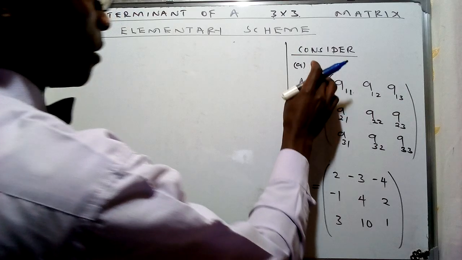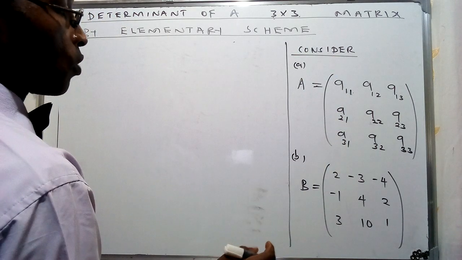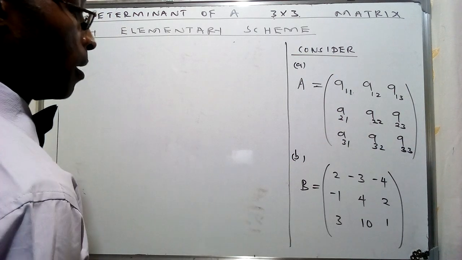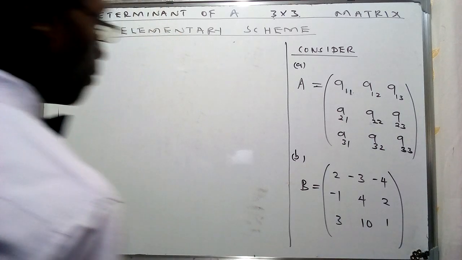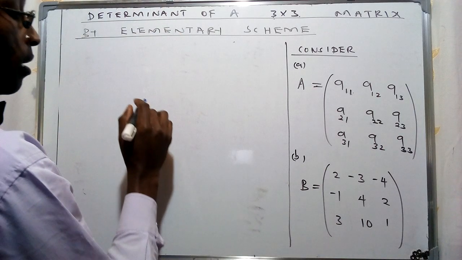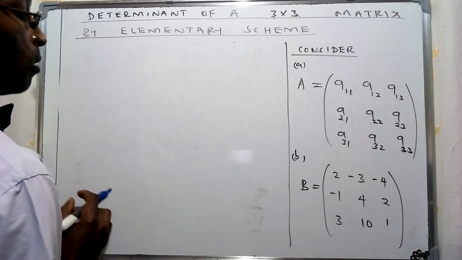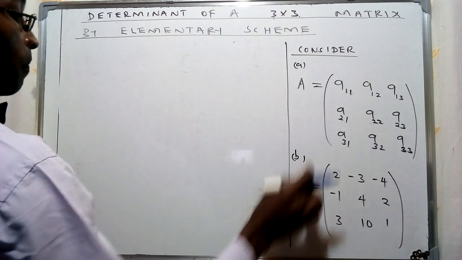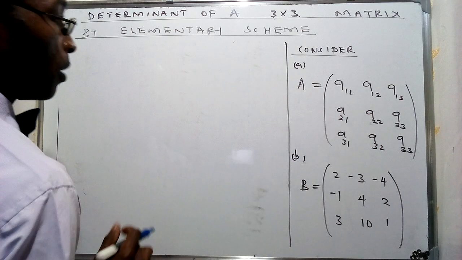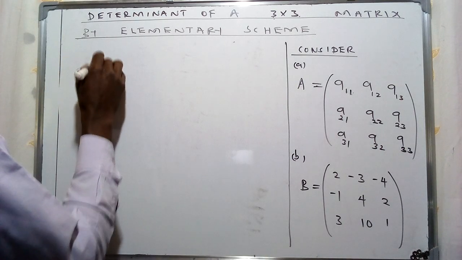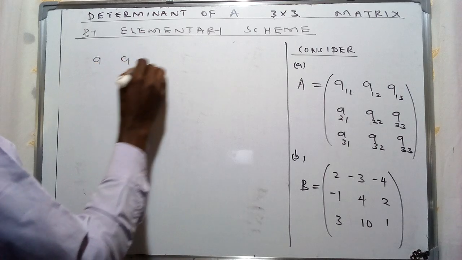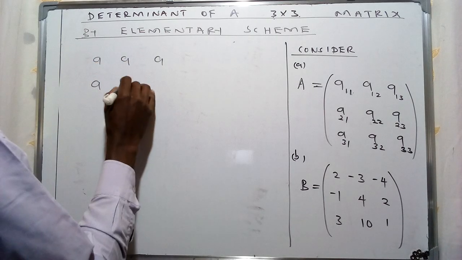Particularly, we're going to look at two cases: A, which gives a general representation for various elements, and B, a particular matrix for which we try to find the determinant using the same procedure as the one used for A. So if we have A given in that specific order, we can write its various elements in this order.